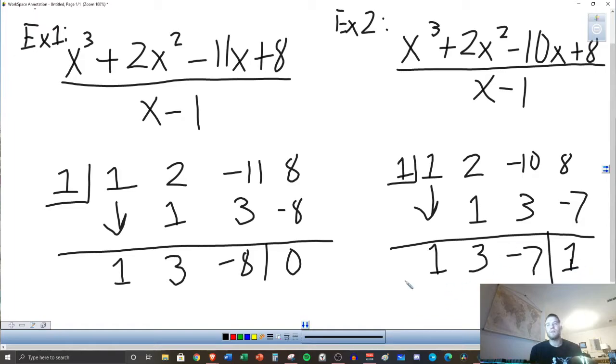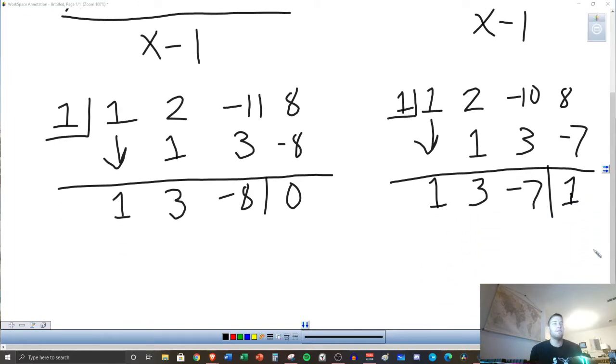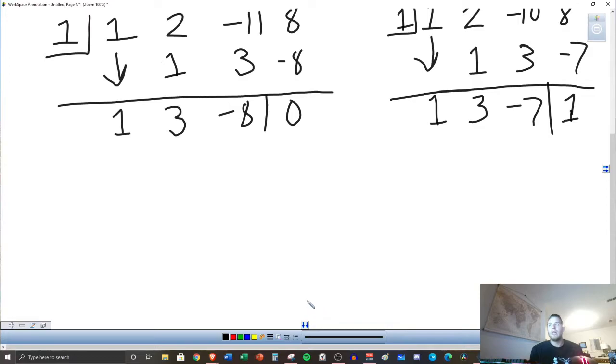Okay. So the key difference between these two, obviously I said that we changed the number here. But you'll notice how this one has no remainder and this one does. All right, so that's going to be important. And I want to show you this new rule called remainder theorem. Okay, the title of this section is remainder theorem.